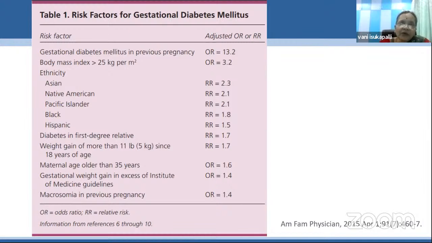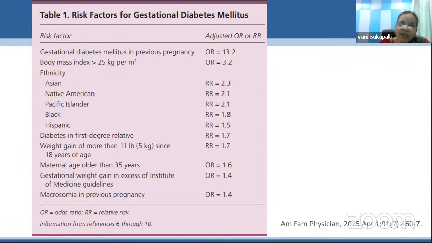If the antenatal woman has a first degree relative with diabetes, then she is at high risk of developing GDM. If the weight gain is more than 5 kgs since 18 years of age. So post 18 years of age, if the weight gain is higher, she is at high risk.